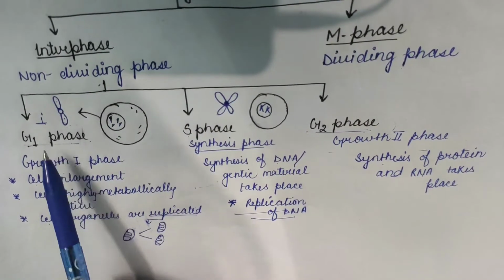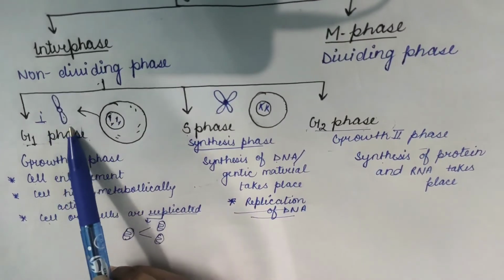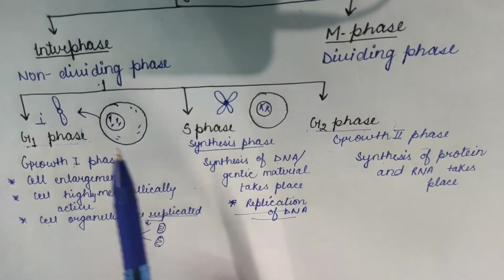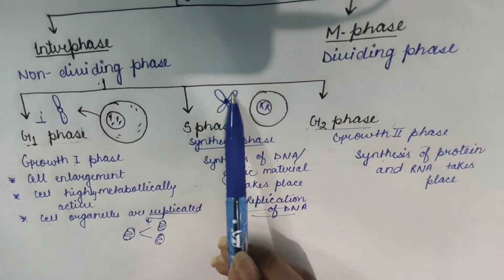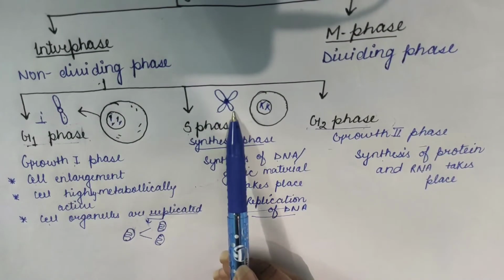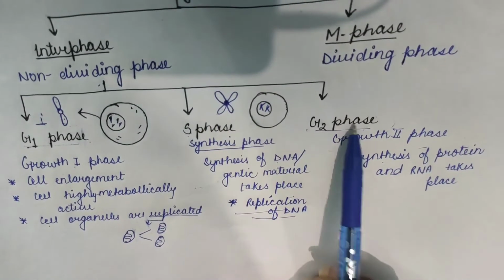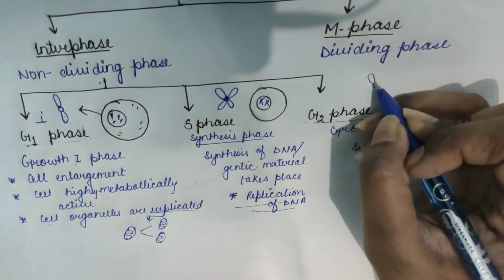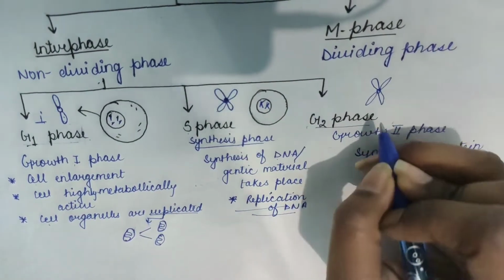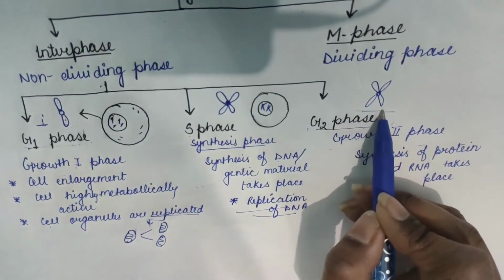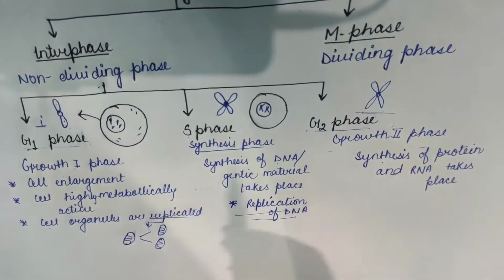During the G1 phase, chromosomes are rod-like structures. In S phase, chromosomes are X-shaped. In G2 phase, chromosomes are likewise X-shaped, as in the S phase. There is no change in the structure of the chromosome in the G2 phase.